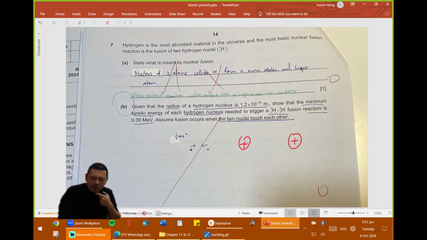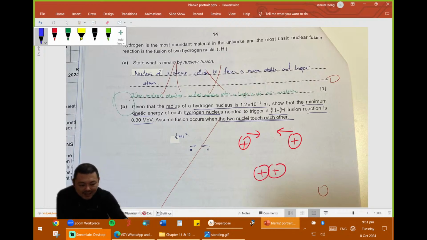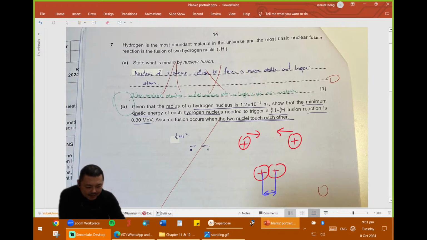So how much KE do you need? And what will happen to the KE as two positive charges approach each other? Yeah, that's it. So when they do touch though, what's the distance between their centers? Yeah, the radius times 2.